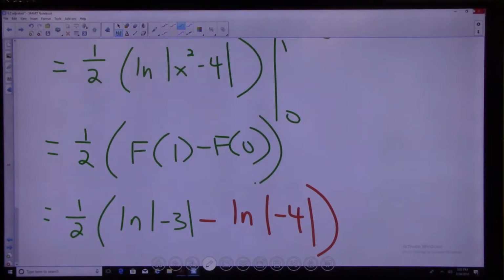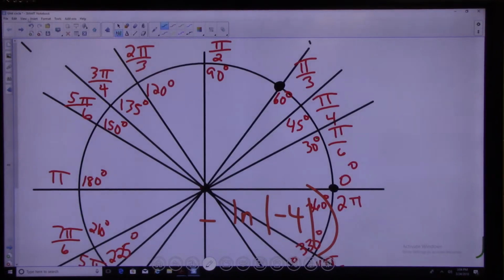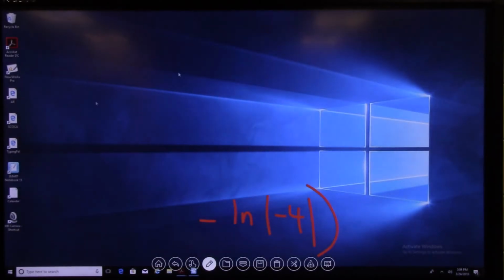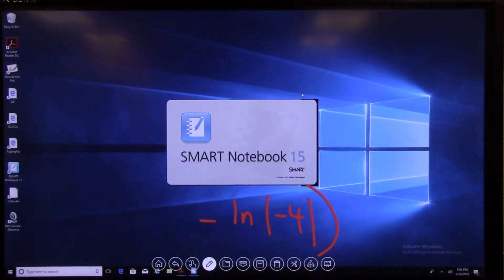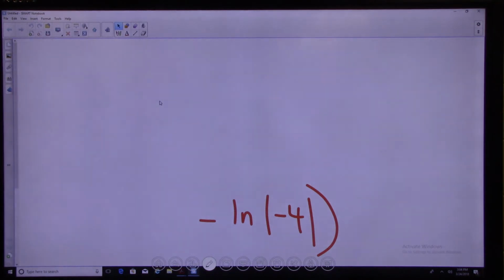Let me exit out of this. I'm going to try to memorize what I had there. It's frozen on me. Let me bring this back up. Hopefully I get this right.